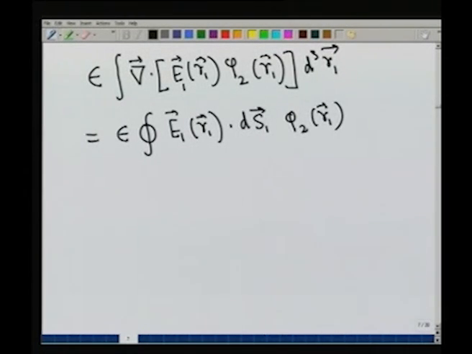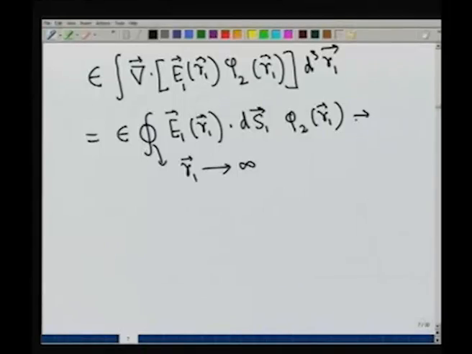It does not matter how we split this integrand and the integrating variable. This is what I have. And since the integration is over all space, this surface integral is evaluated in the limit R1 going to infinity. Please remember that we are discussing matters of principle. We are not looking at some idealized case.